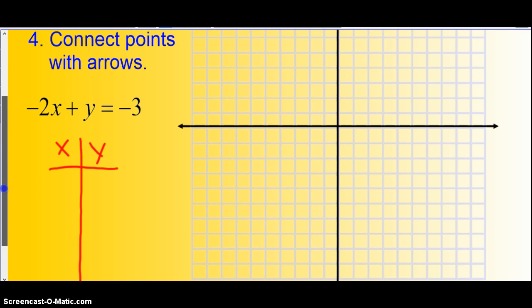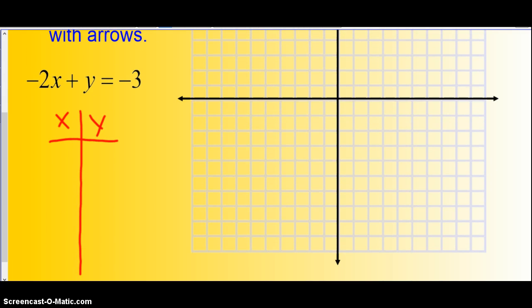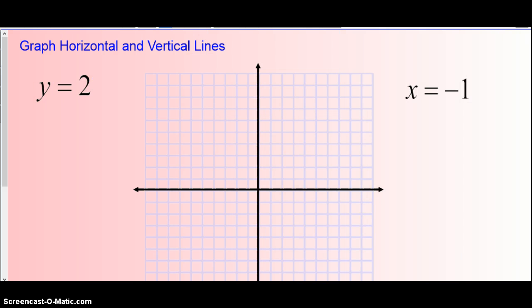So drawing a table, and if you could use for your domain negative 2, negative 1, 0, 1, and 2, and then plot those points. Also, as a challenge question, I'd like for you to solve and draw lines y equal to 2 and x is equal to negative 1. What do you notice about those lines?